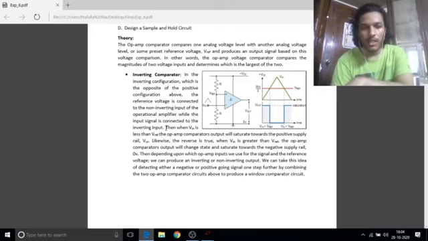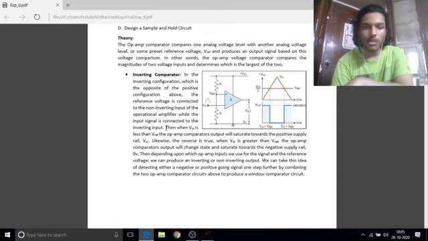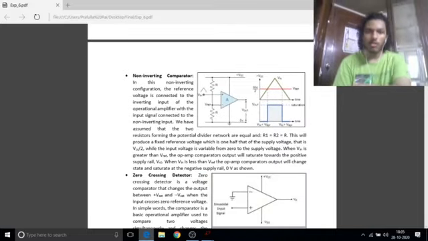When the Vin is less than the V reference, then the comparator saturates towards positive saturation, and similarly when the reverse is true, when the Vin is greater than the V reference, then the op amp will saturate towards negative saturation. Now we'll see a non-inverting comparator.